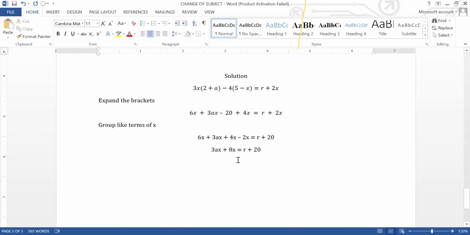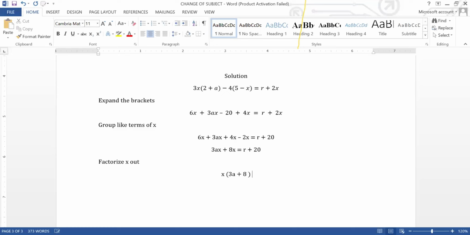So now I factorize x out. I have x into bracket 3a plus 8. Right? I factorize x out.